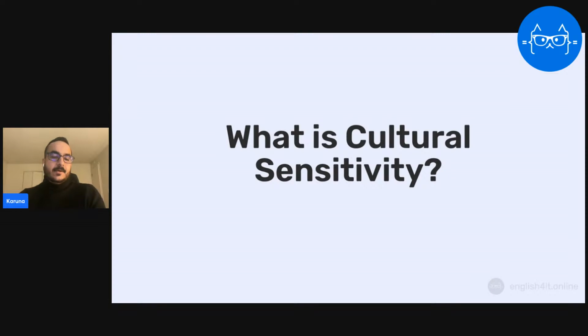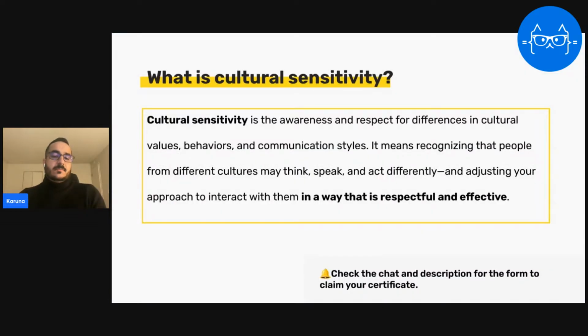Essentially, it's having awareness and respect for differences between cultures. That's especially important if you work in a company that is very geographically distributed, and I see that a lot of you do work for such companies.